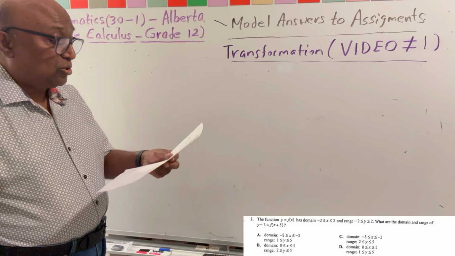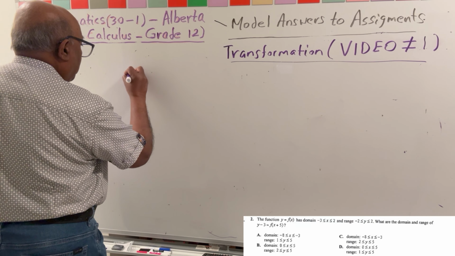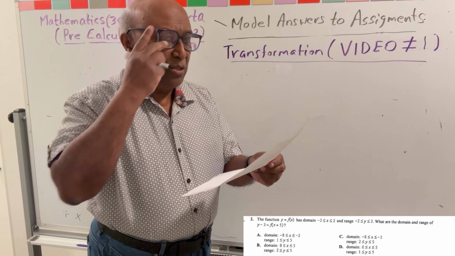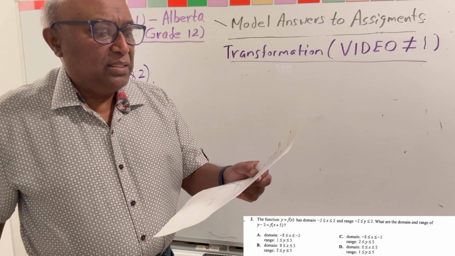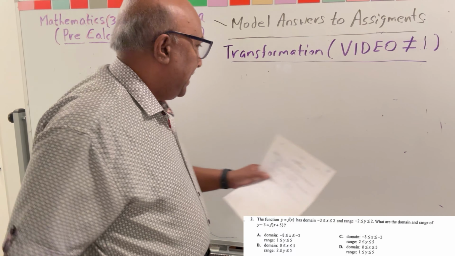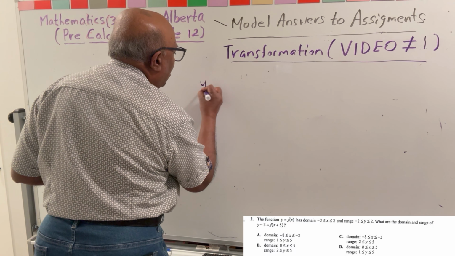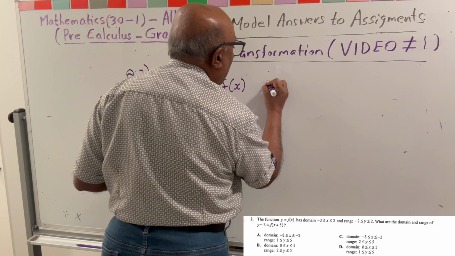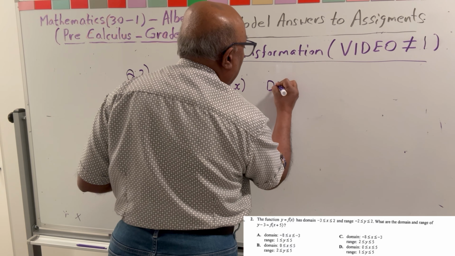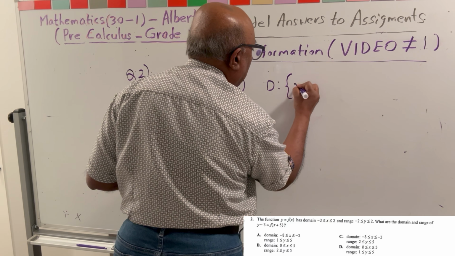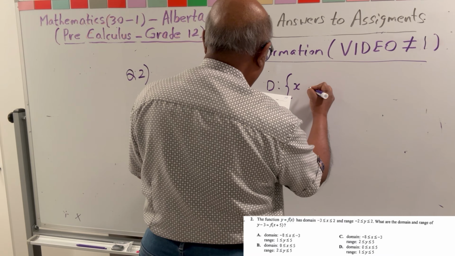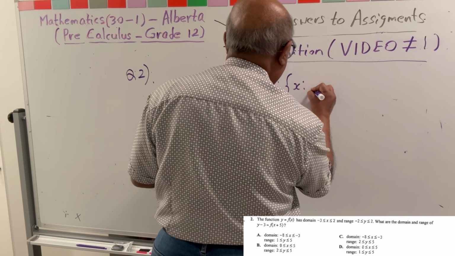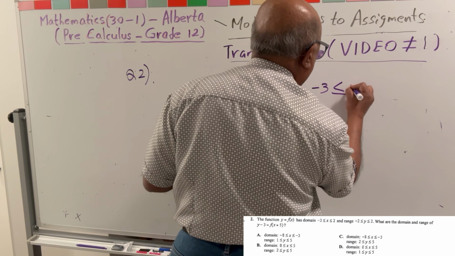Now let's look at question number 2. What question number 2 says: the function y equals f(x) has domain, let's use the domain notation, x between negative 3 and 2.